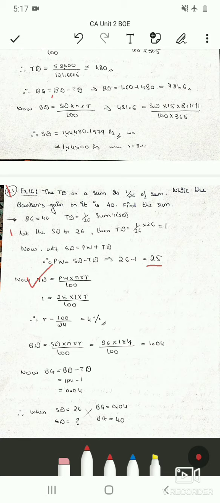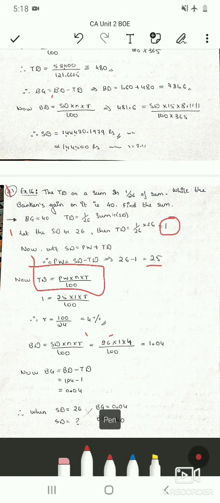And we have already got the true discount to be 1. The present value is known, n we will assume to be 1 year. Therefore the only unknown quantity is r. We will solve for r. We get r as 4% when you simplify.